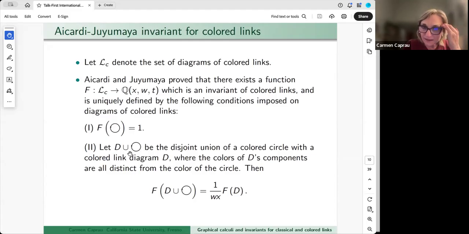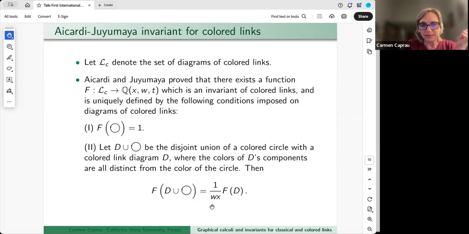If that circle is colored in such a way that its color is distinct from the colors of all of the components of D, then the value of that disjoint union can be replaced by dropping the circle and then replacing by this rational expression. And then the invariant is multiplicative with respect to this disjoint union.